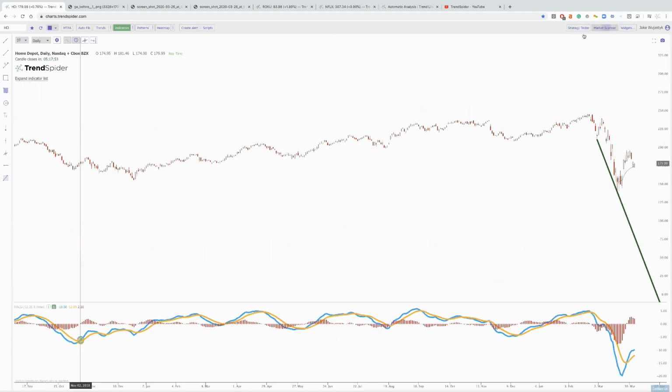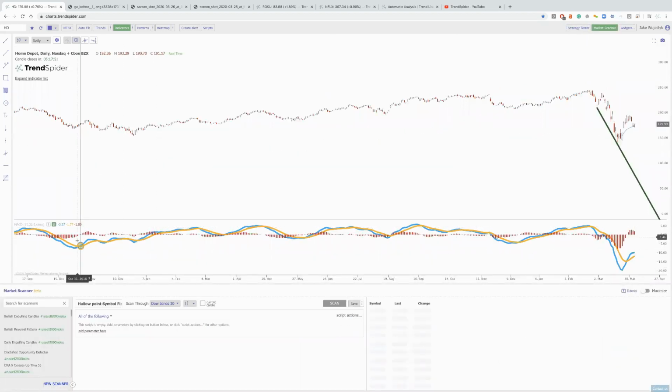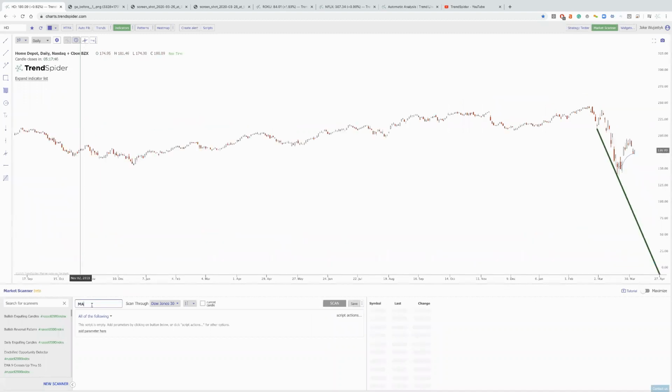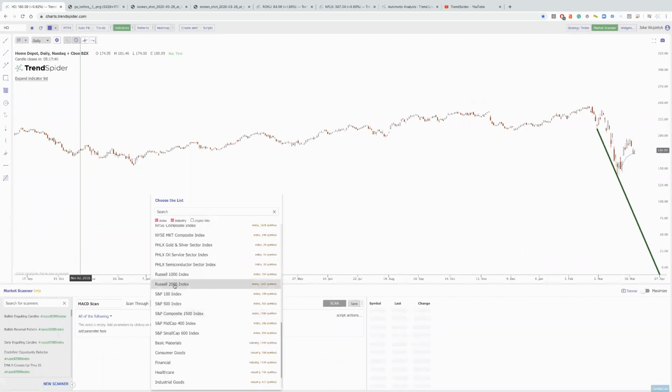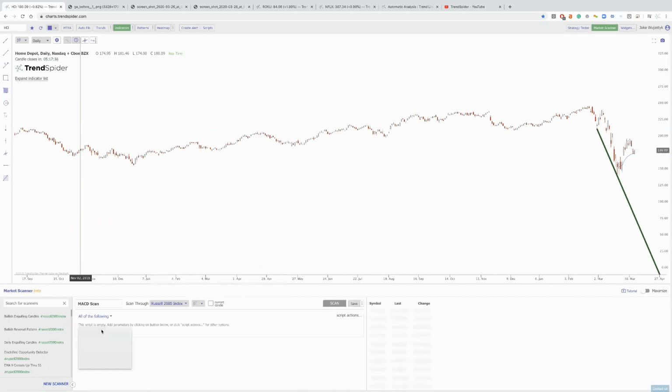This goes to our back tester as well, our scanner as well. So let's say that you wanted to do a MACD scan on the Russell 2000. You'd be able to go in and scan the Russell 2000 for a MACD cross. So daily indicator, MACD fast has crossed up through the daily slow.